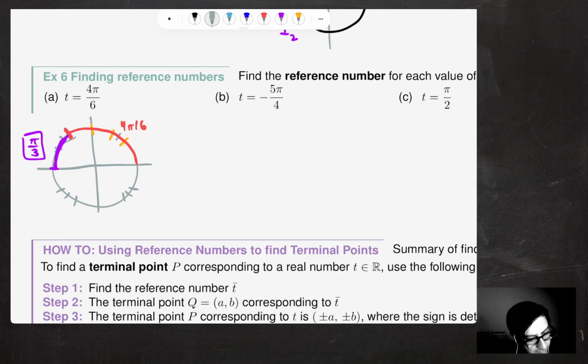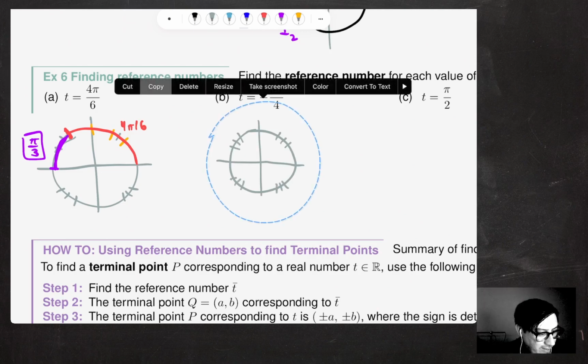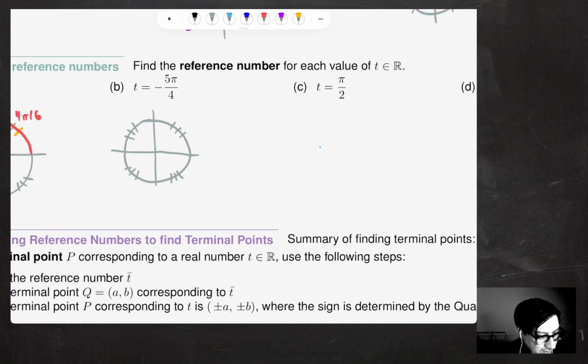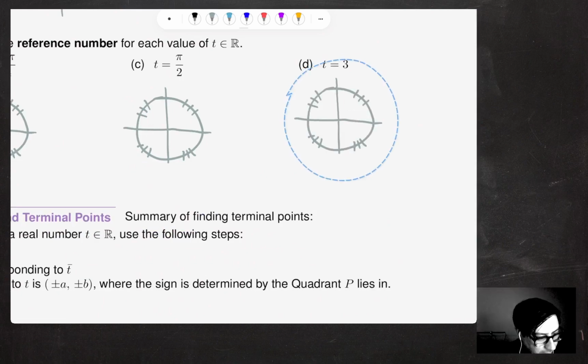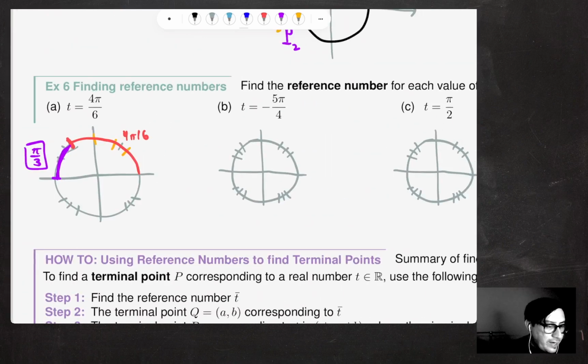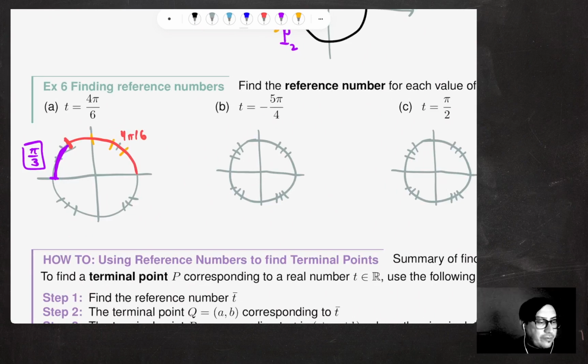Okay, let's do the next one. And this time, I'm going to actually remember to copy my little whisker plot. Okay, so negative 5 pi over 4. Let's do our count. Negative pi over 4, negative 2 pi over 4, 3 pi over 4, 4 pi over 4, and 5 pi over 4. So we're going to end up right here.